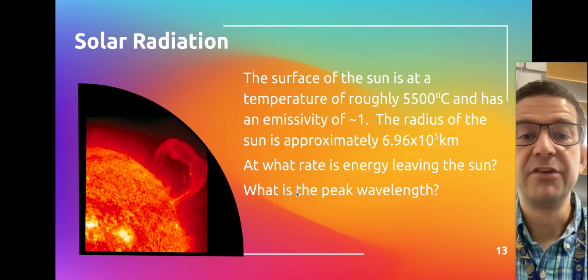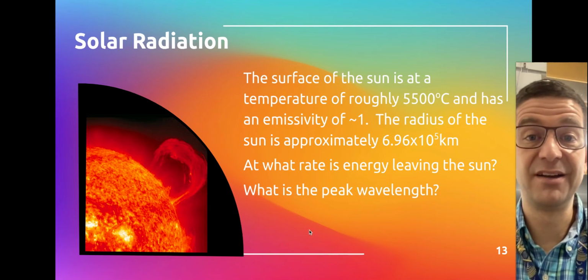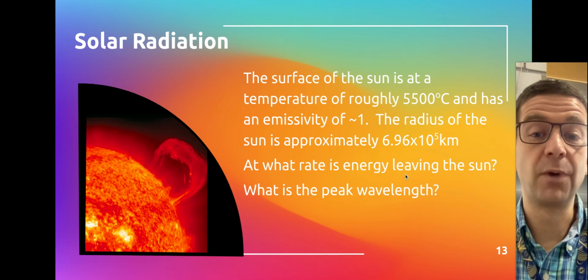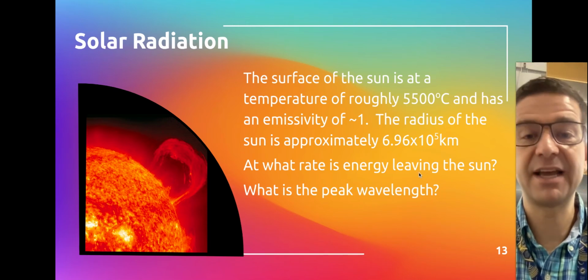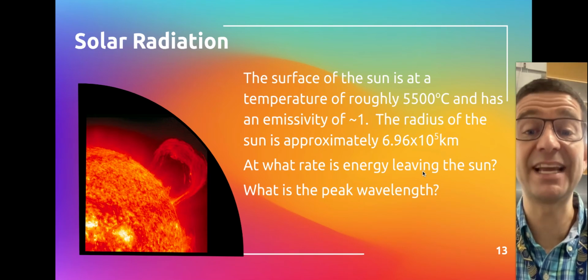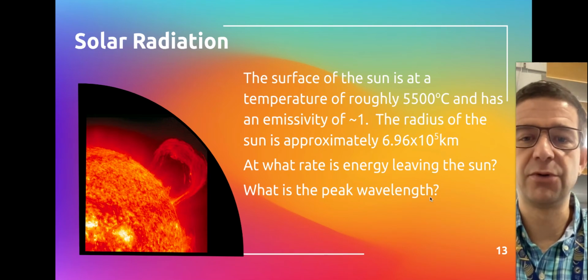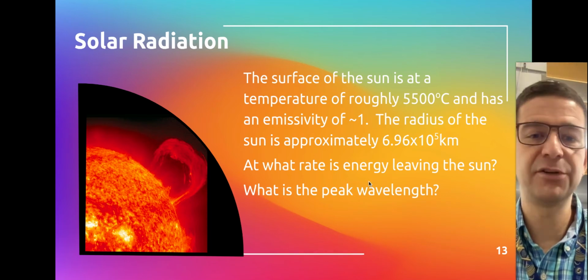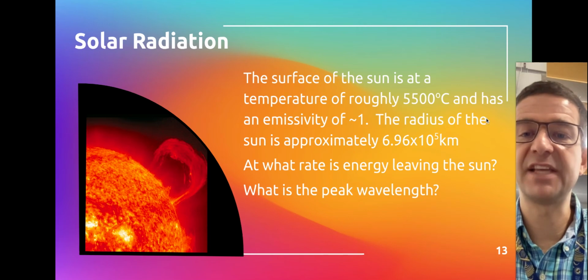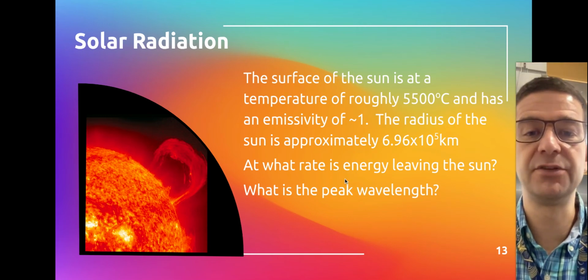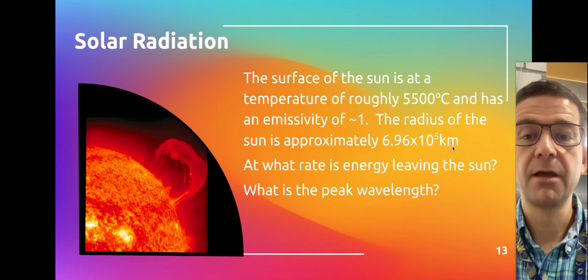Okay, coming back. So you actually had seen some of these values in the simulation. The rate at which the energy is leaving the sun is about 4 times 10 to the 26th watts. There's a good chance that your power of 10 may be off by a little bit. Recall that in order to find the surface area of a sphere, you need to use the expression 4 pi r squared.